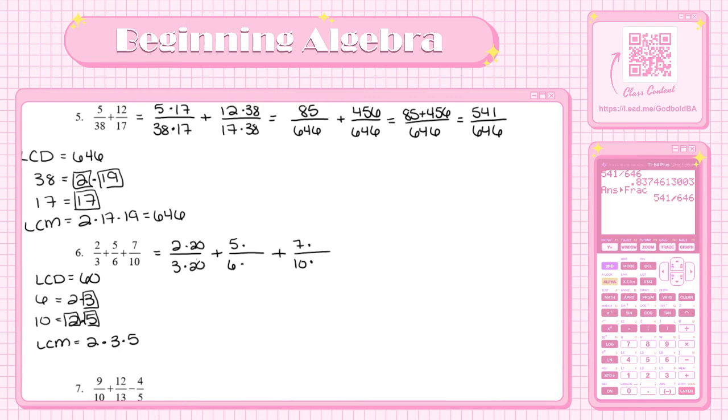To get to a denominator of 60, I need to multiply this one by 10 over 10. And I need to multiply this one by 6 over 6. Okay. So that'll give me 2 times 20 is 40 over 60. 5 times 10 is 50 over 60. And 7 times 6 is 42 over 60.